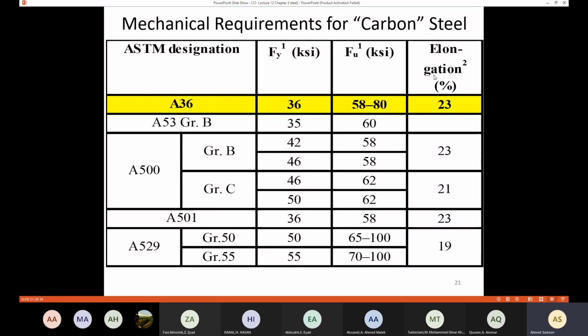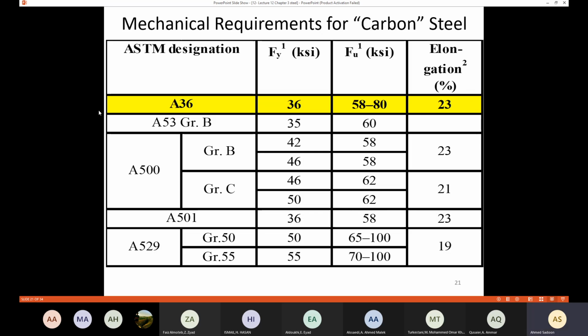So here, first we are going to look at the mechanical properties. We are going to know the value of Fy, the yield strength, the value of Fu, the ultimate strength, and the elongation, how much the element has been elongated after the failure.